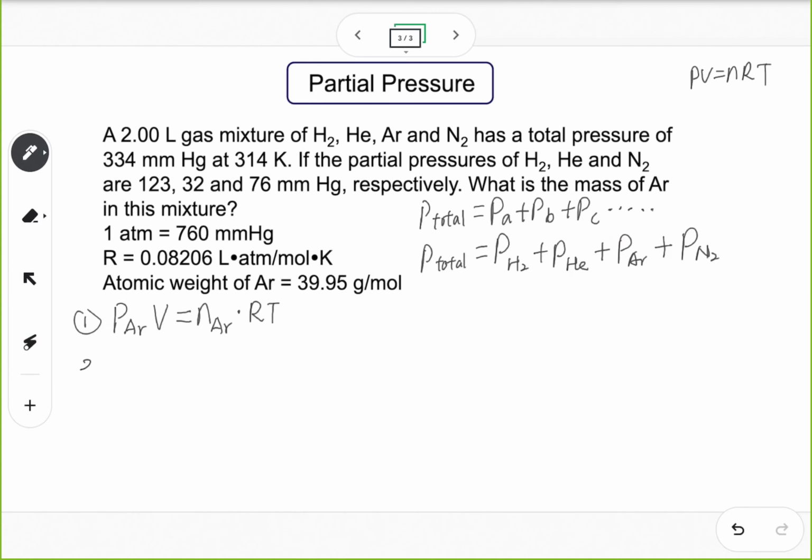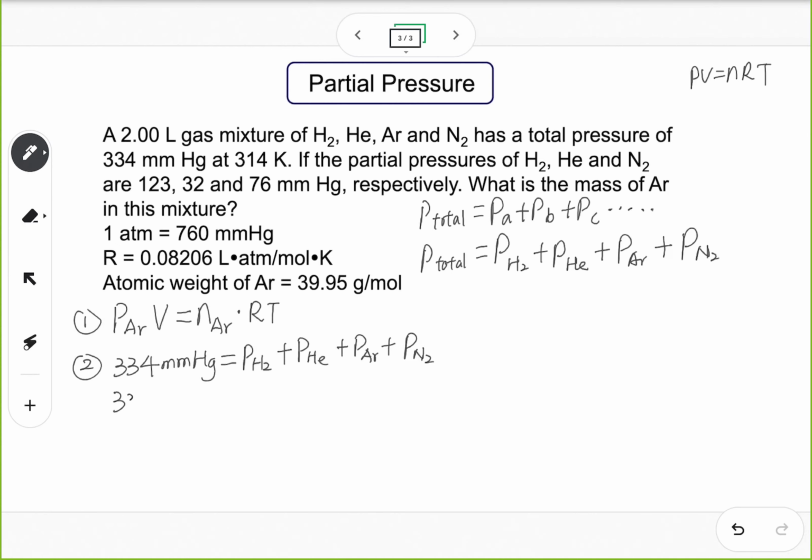So step 2: 334 millimeter mercury equals the partial pressure of hydrogen plus partial pressure of helium plus partial pressure of argon plus partial pressure of nitrogen.